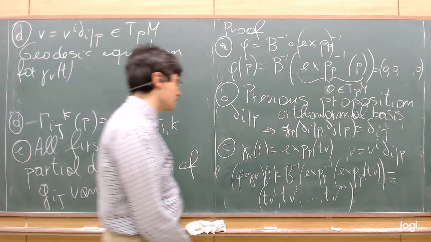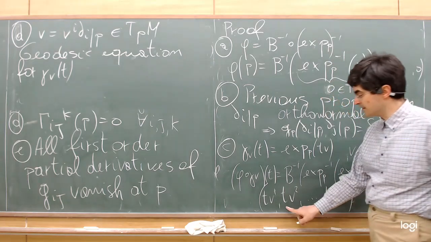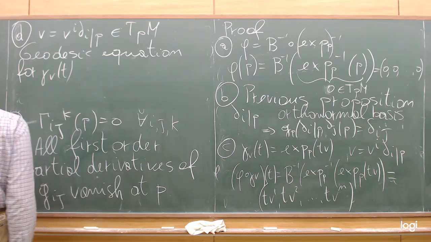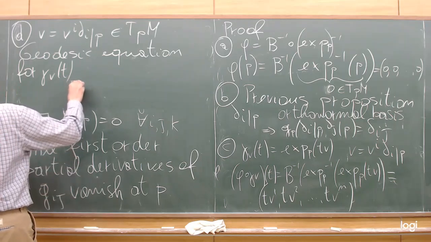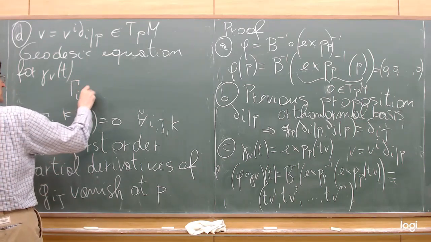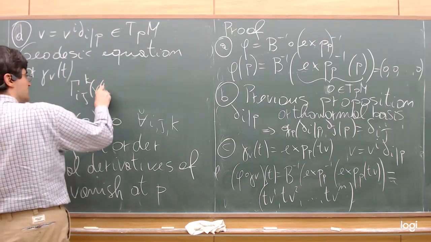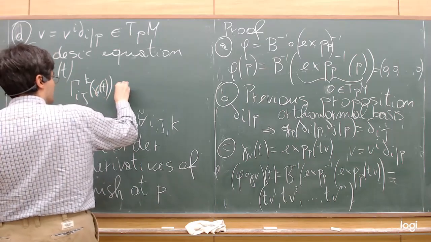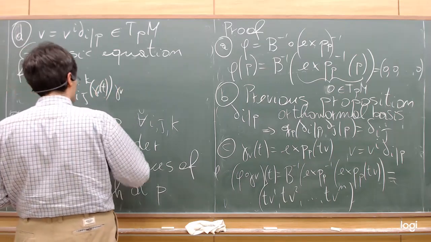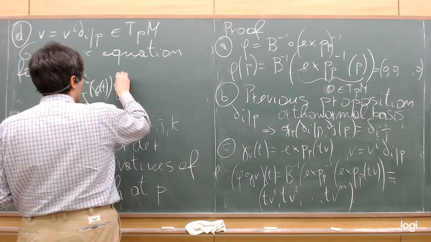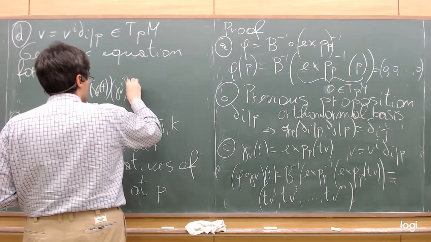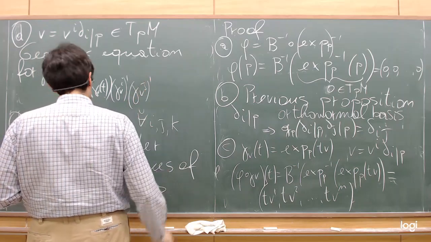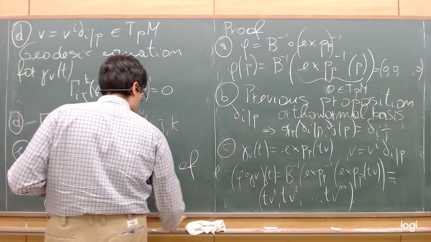Since these maps are linear in t, the geodesic equation reduces to Gamma^i_jk(gamma_v(t)) gamma_v^i' gamma_v^j' equal to 0.